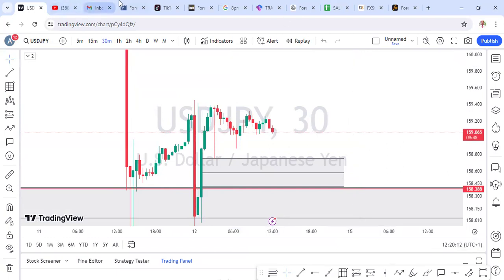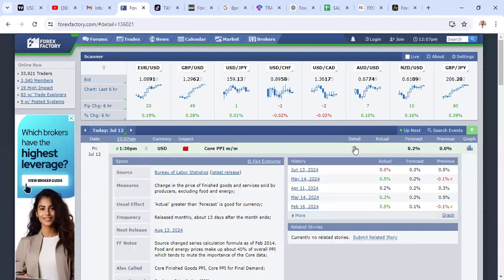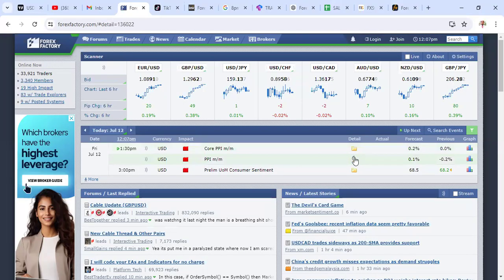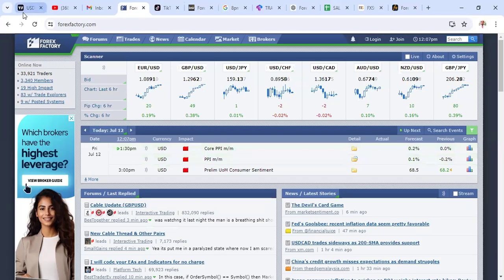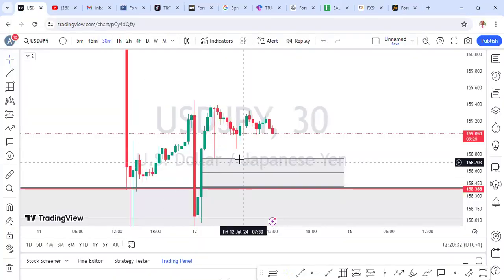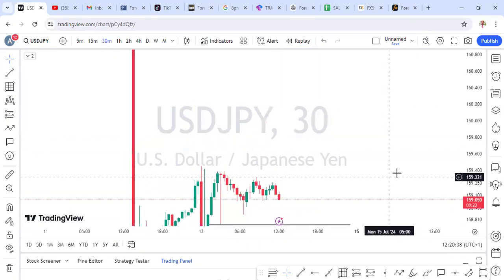The news is by 1 p.m. and 3 p.m., but the 1 p.m. is the most sensitive one. Last month, it was negative, and the month before too. So let's see, maybe that news will give us entry as price is coming. We'll wait for a reaction of UJ here and we'll buy.